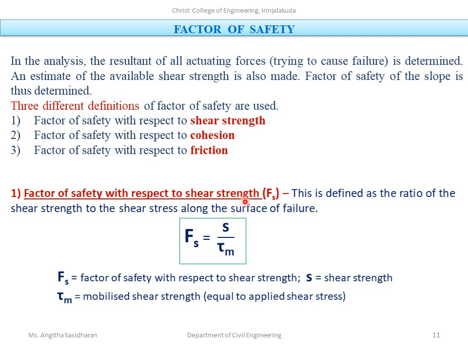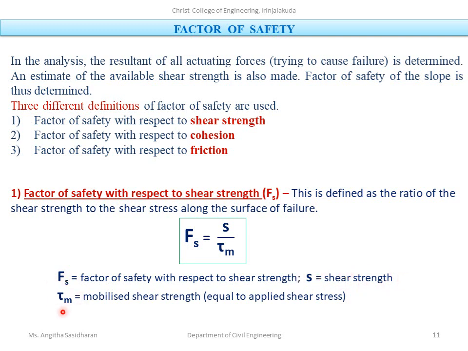Factor of safety with respect to shear strength, Fs. What is it? It is defined as the ratio of shear strength to the shear stress along the surface of failure. Mathematically, Fs is equal to S divided by tau m, where S denotes the shear strength of the soil.